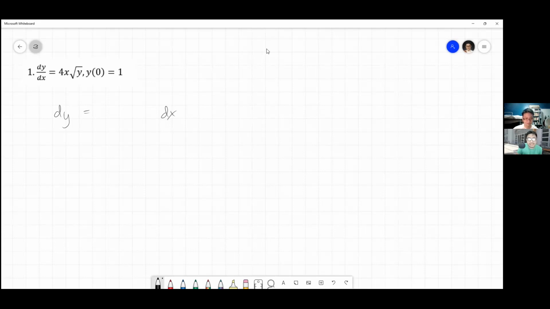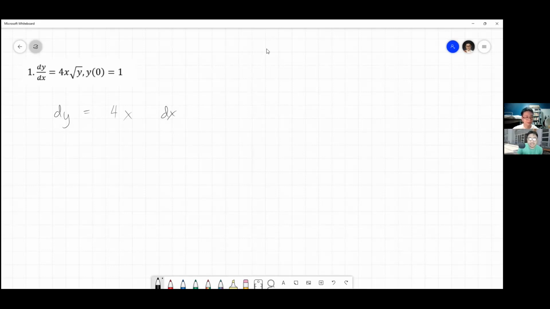And then ang gagawin natin is separate lang natin yung mga terms dito. So yung dx, lagyan natin dito yung mga in terms of x. So pwedeng yung 4x, stay na lang natin dyan. And then si square root of y dito, lipat natin sa other side. So malipat natin siya by dividing it by square root of y.